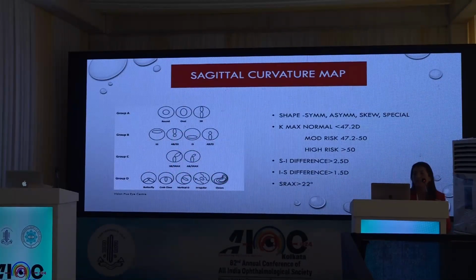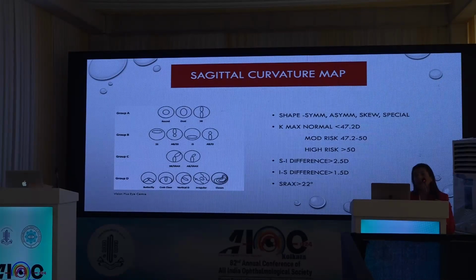So after you've seen these particular things, then you go on to the 4 maps. And in the 4 maps, you first look at the sagittal curvature map. We've been familiar with the different shapes. We know that the shape can be either symmetrical or asymmetrical. You can have the skew or special shapes. But I would like to emphasize that even a symmetrical shape, a round or oval or a symmetrical bow tie, can still be abnormal if the Kmax is increased.